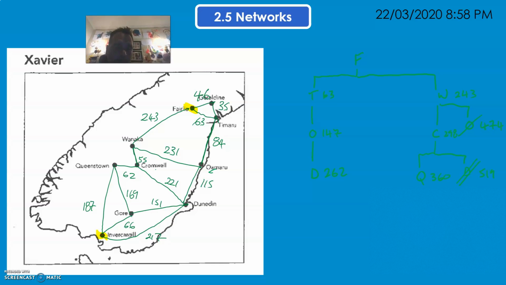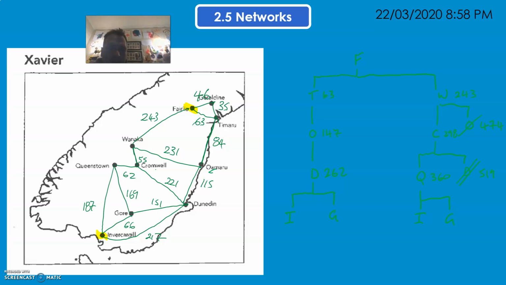So we've still got these two branches coming from Queenstown and Dunedin. I'm not going to go back to Cromwell from Dunedin, so I could go to Invercargill directly, or I could go to Gore. Or from Queenstown, I could go to Invercargill directly, or Gore.